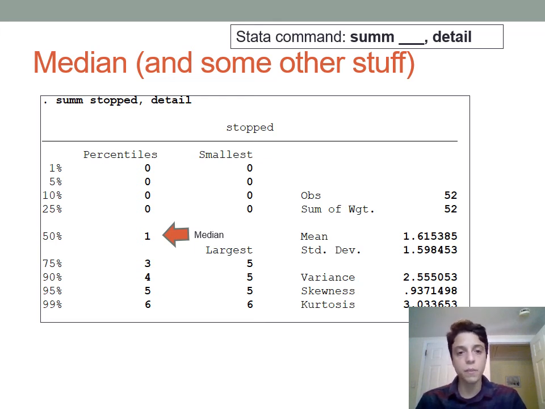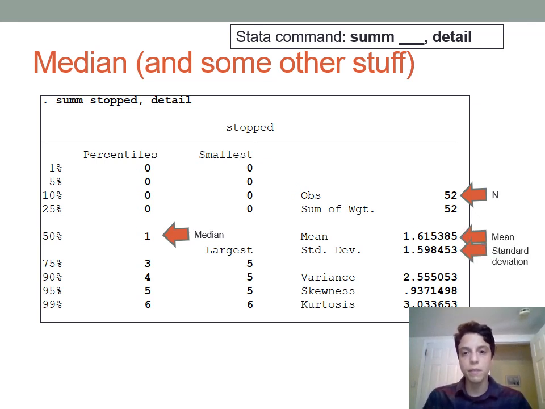And that tells you 50% of the values are smaller and 50% of the values are larger than this value of 1. And if you remember, we had a median of 1 for the stop variable, so that's what that's telling us. This also gives us other information as well, such as the total number of observations, the mean, the standard deviation, and the variance here, as well as some other statistics that we did not cover in this class.